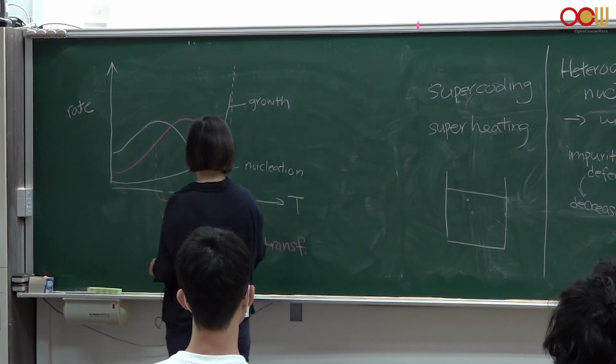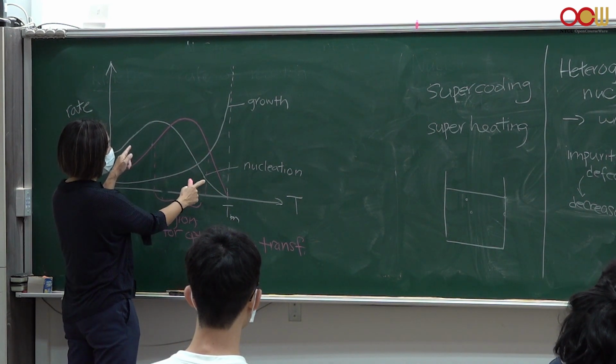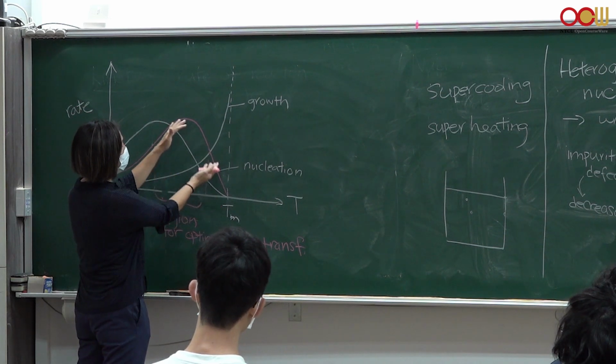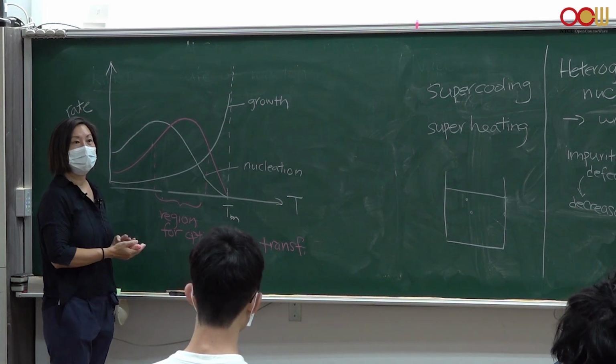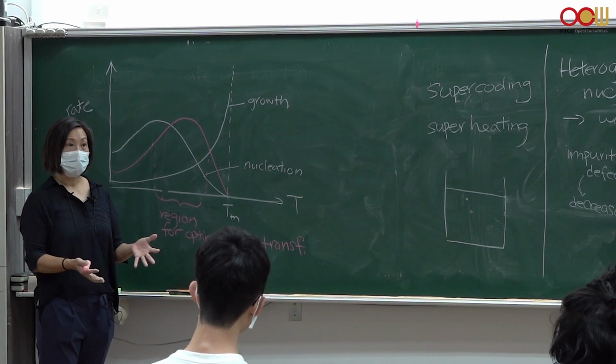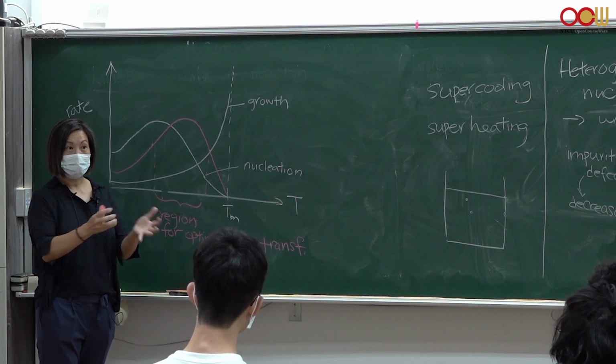Sorry, the red line is a combination of the two white lines. If you add the nucleation rate and the growth rate together, you get the red, because in order for phase transformation to happen, you need both, right? You need to have a nucleus, and that nucleus needs to grow.